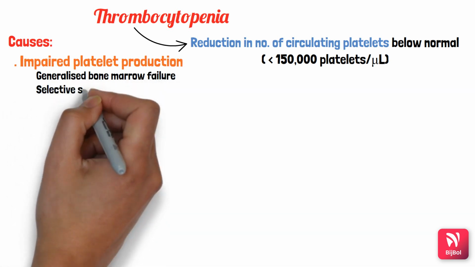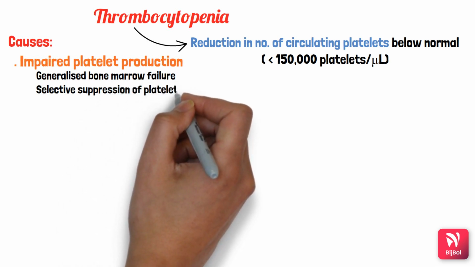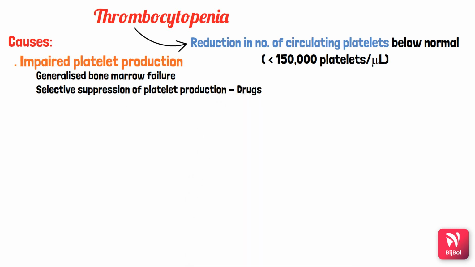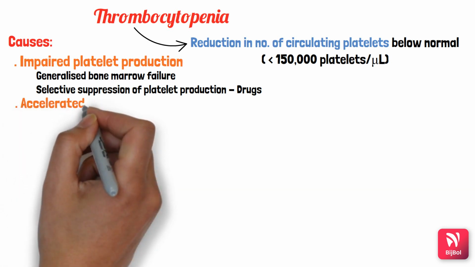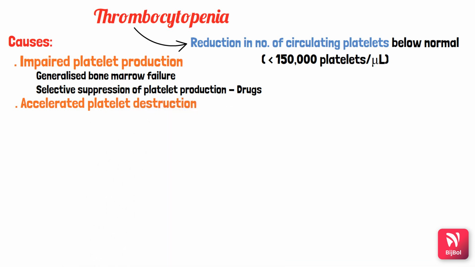It is either generalized bone marrow failure, as in aplastic anemia, or marrow infiltration by cancers, wherein along with platelets other cells also get decreased. Or it can be by selective suppression of platelet production, where only platelets get decreased, by some drugs like thiazides or cytotoxic drugs. So this is about impaired platelet production.